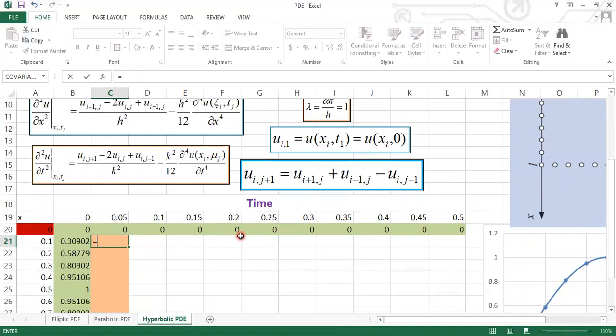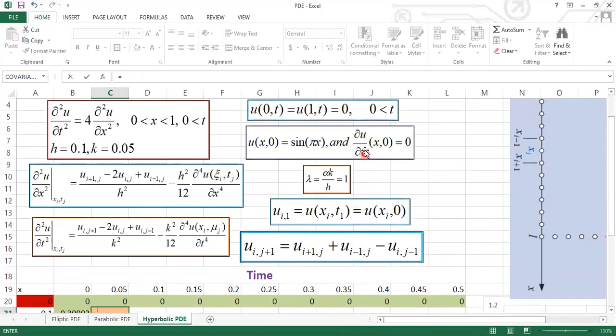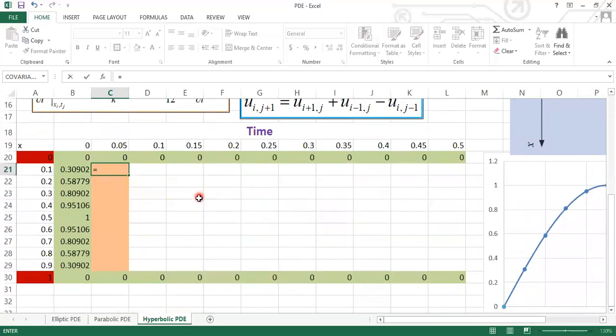Well, you definitely have some expression when the partial u by partial t is defined at x, 0, as a function g of x. Like we have u(x,0) equal to a function sine of pi x, you may have partial u by partial t as a function of x. Over here it is 0, so we are more than happy. So the same values would be used.